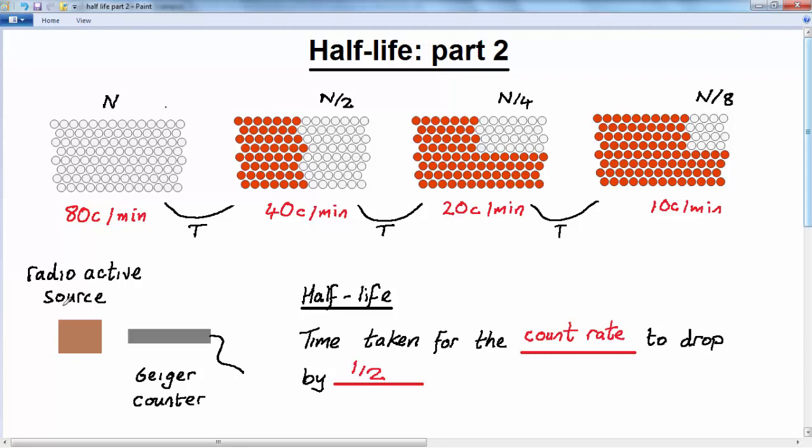Now then, one very important point that we're going to mention here is this, that when we do any experiment measuring the radioactivity of a particular source, we should always take into account what is called the background radiation. This means that there will be a level of radiation present which has nothing to do with the actual radioactive source that you're measuring.